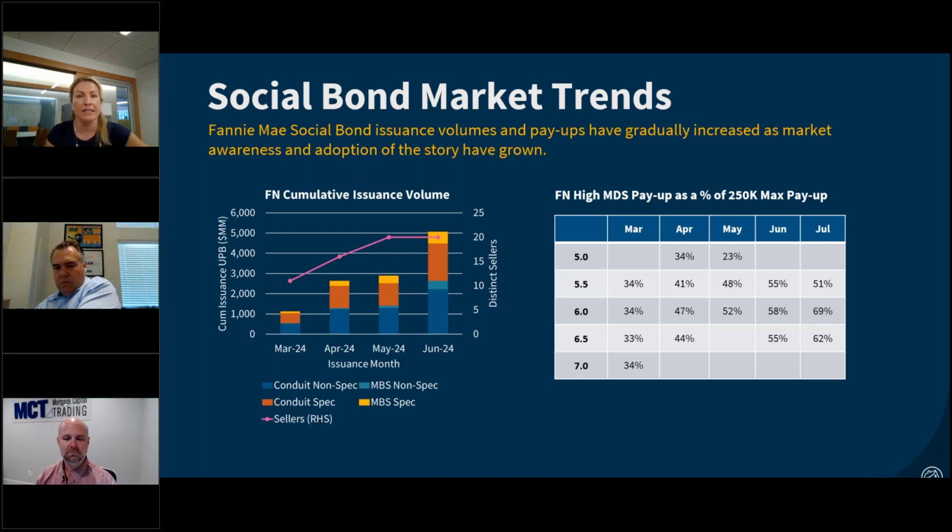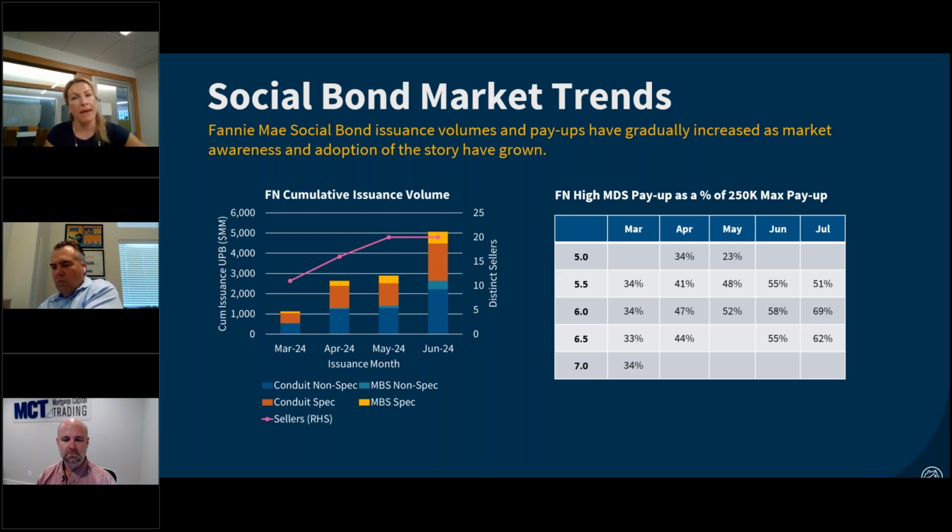And so there's still, obviously, a range of views out there about the fundamental value of the high MDS story. And I do think it'll take additional performance history, right? We haven't had a rally, we haven't had a refi wave. But that's what the market would hopefully need in order to refine their view of the value. But it's obviously very encouraging to see it appreciate as much as it has relative to this established 250K story.